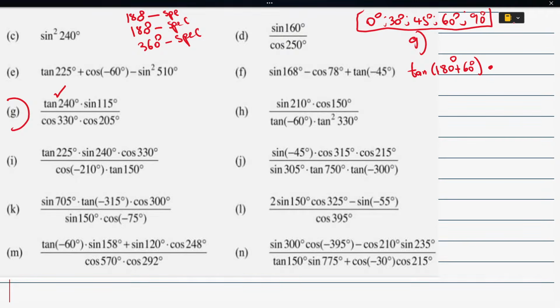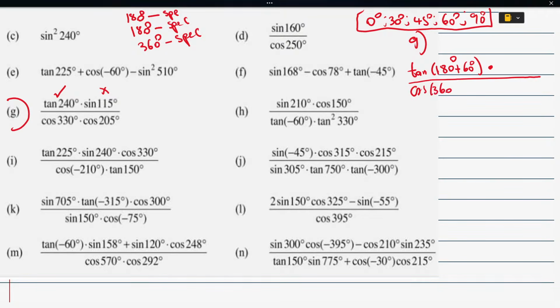Multiplied by, what about sine 115? This one, I don't know what is happening there. What can I do? I want you to get a very perfect strategy. Note sine 115, then we'll come back to it. Then you say cos 205.